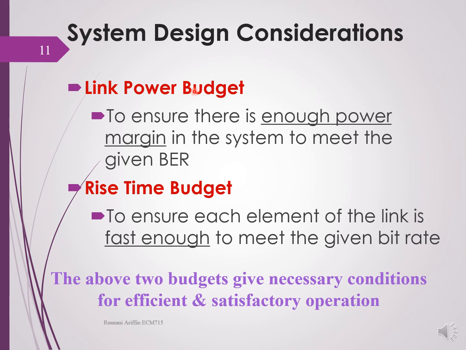Another consideration is the rise time budget, which ensures each element of the link is fast enough to meet the given bit rate. So these are the system design considerations.